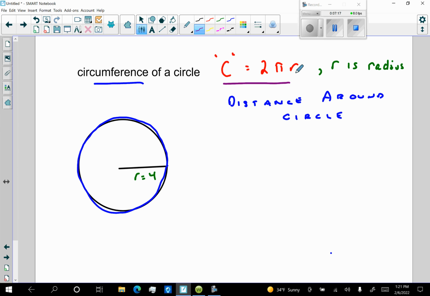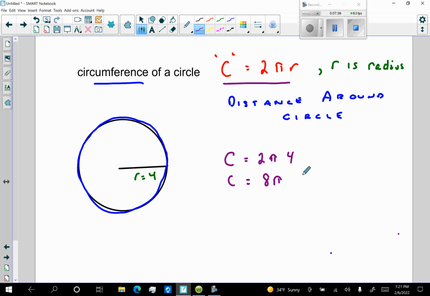And for this particular example, I have r is equal to 4. If r is equal to 4, then the circumference of this particular circle is going to be 2 pi times 4. That's going to be 8 pi. So the circumference of a circle with radius 4 is going to be 8 pi.